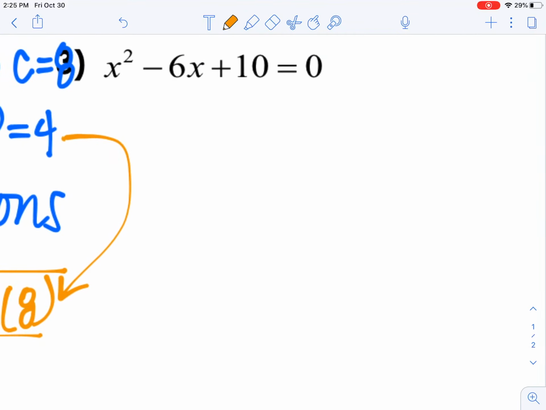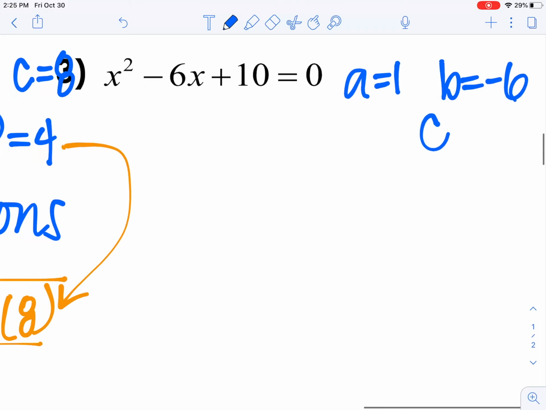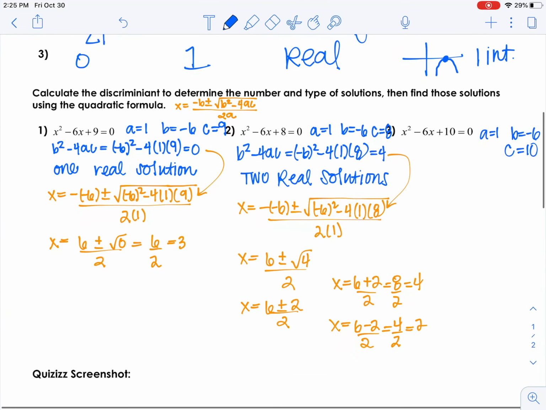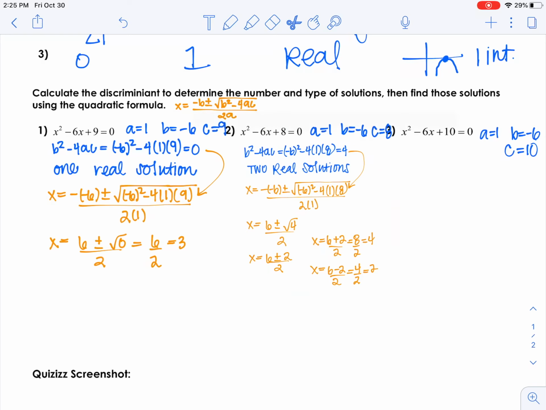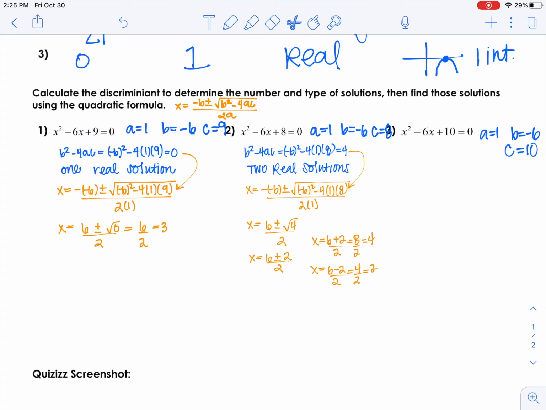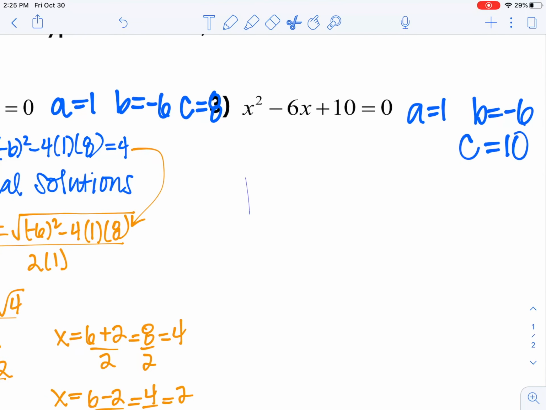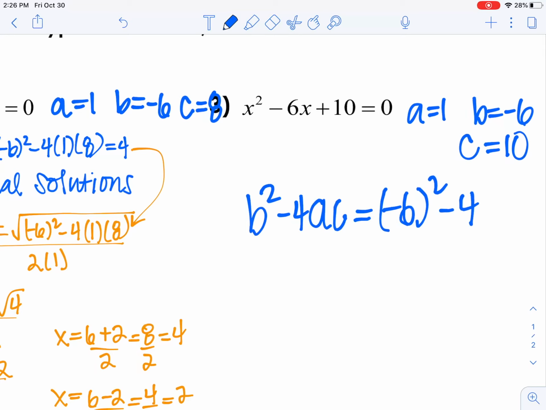Okay, I'm going to run out of room, I bet, in this last one. Here, our a value is 1, b is negative 6, c is 10. Let me go back and shrink this down a little bit. Okay, so then b squared minus 4ac would be negative 6 squared minus 4 times 1 times 10.